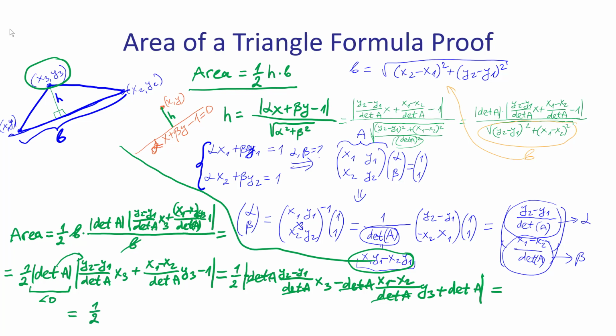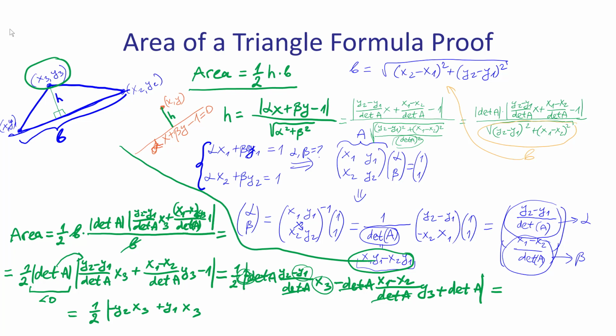It's 1/2 absolute value of y2 x3 with minus sign, because we have that minus here, plus y1 x3. This is from this one multiplied by this one with minus sign here.